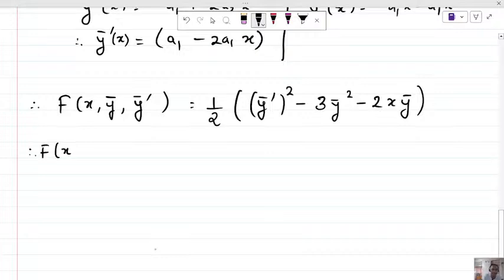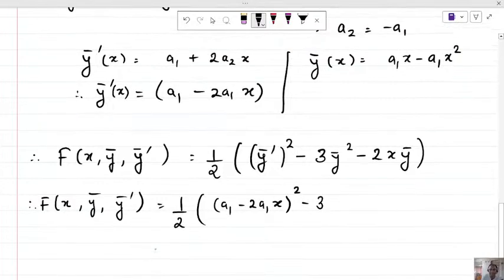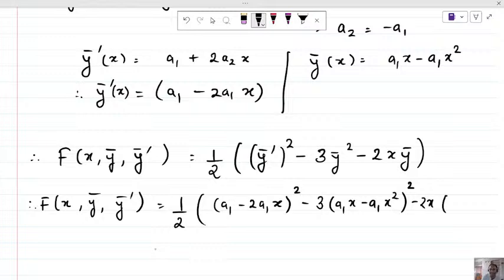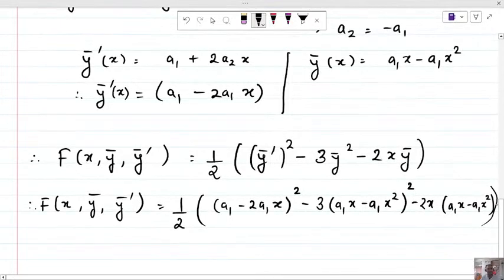Therefore f of x comma y bar dash gets simplified to 1 by 2 times y bar dash, which is a1 minus 2a1x the whole square, and minus 3 times y bar square, which is a1x minus a1x square the whole square, and minus 2x times y bar, so again a1x minus a1x square. Okay, this is what we will be getting.